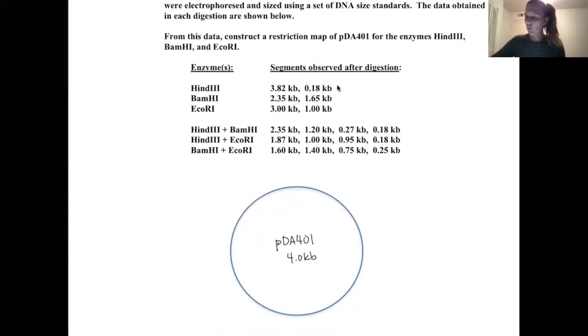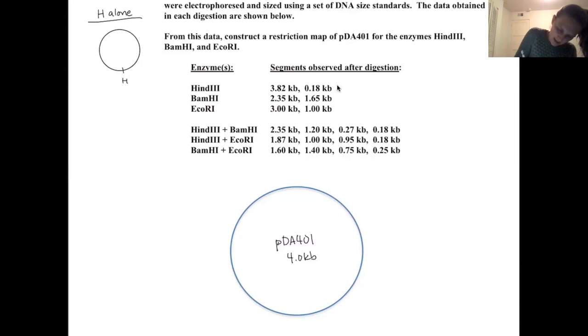All right, so the first thing I'm going to do is do each of these alone. All right, so HinD alone, what would that look like? So we know that HinD alone is going to have 2 cuts, and that will give us a 0.18 size and a 3.82, right?